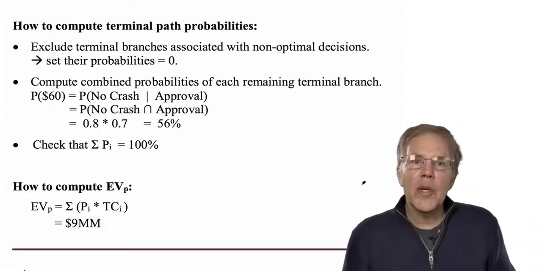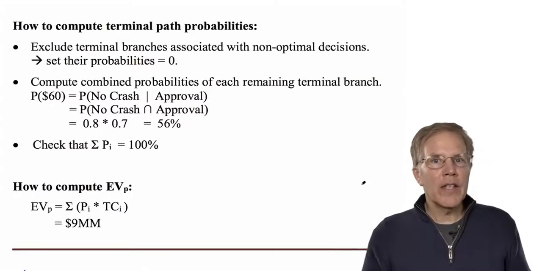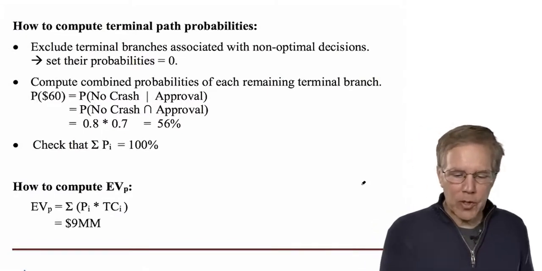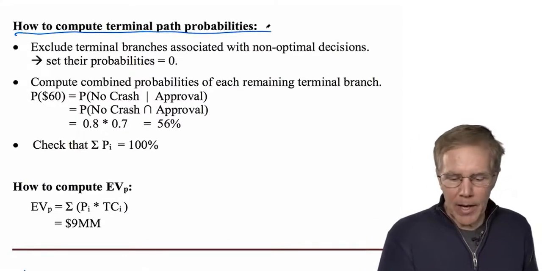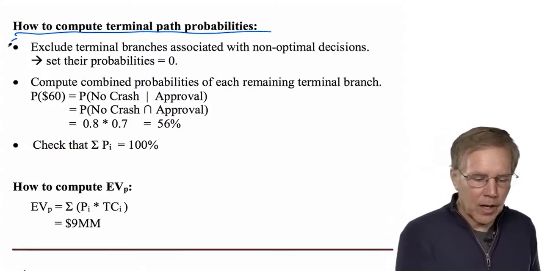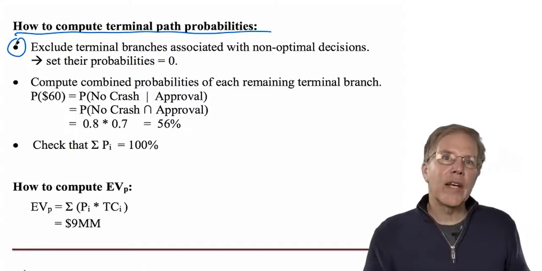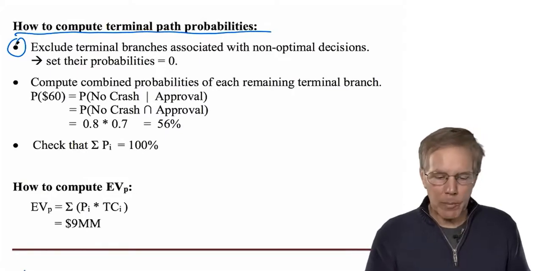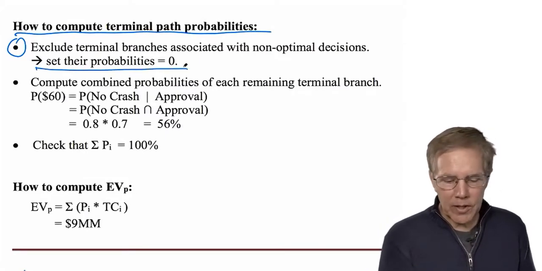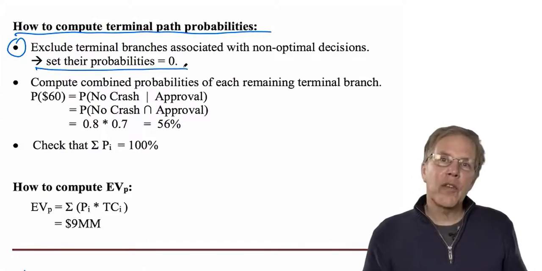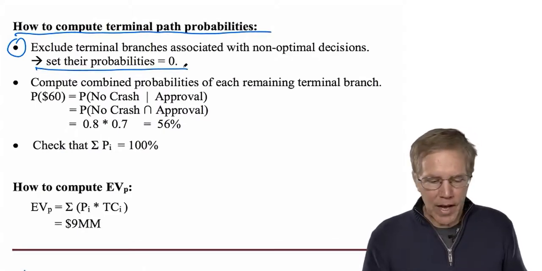Okay, so here's a little bit more, just to remind us all, make sure we don't make a mistake, on how to compute our terminal path probabilities. So first thing we want to do is exclude any branches where the program is telling us don't take a decision that leads you to that branch. So we set their probabilities to 0, and then we just compute the combined probabilities at every branch.